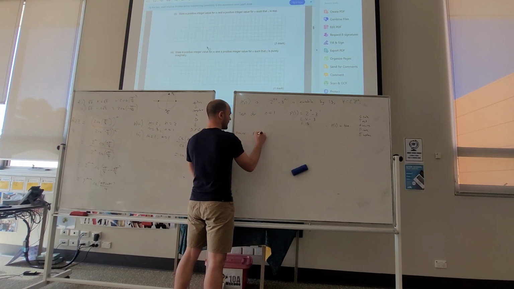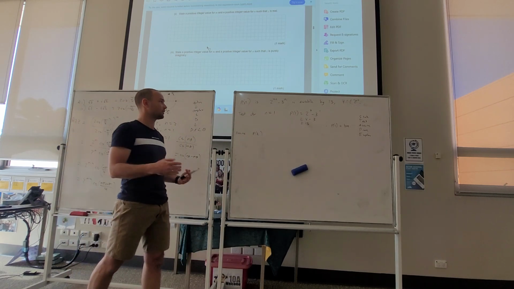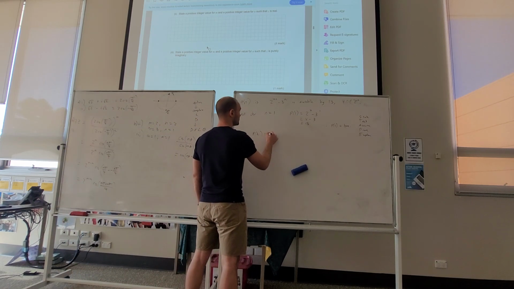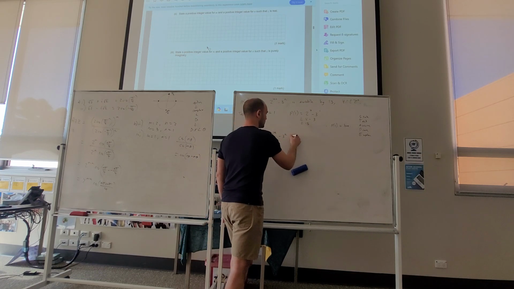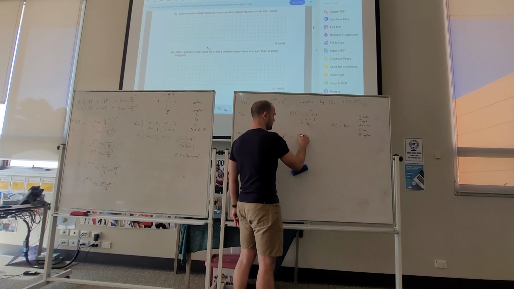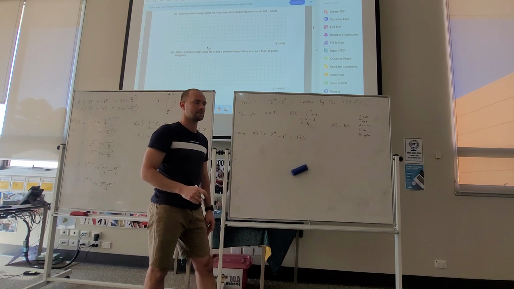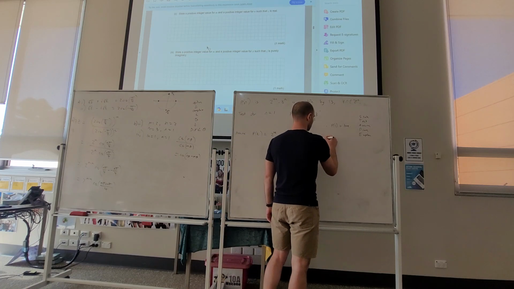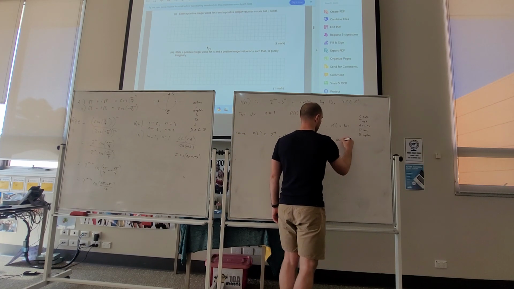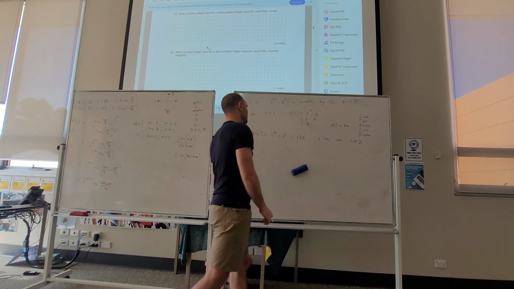Assume P of k, and this is basically just a restatement of the proposition, but with regards to k. So assume P of k equals, now because it's divisible by 13, it's equal to 13 multiplied by some number, a, where a is some integer value.